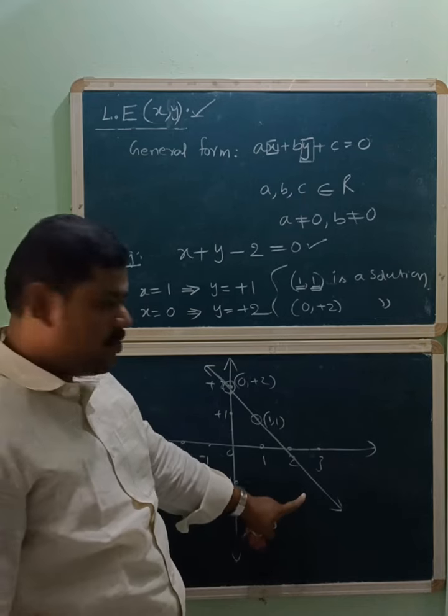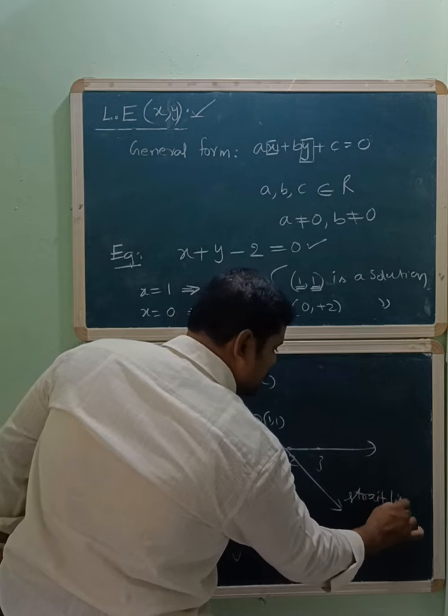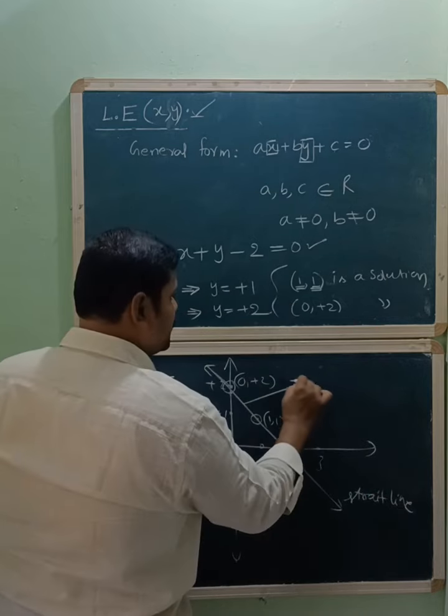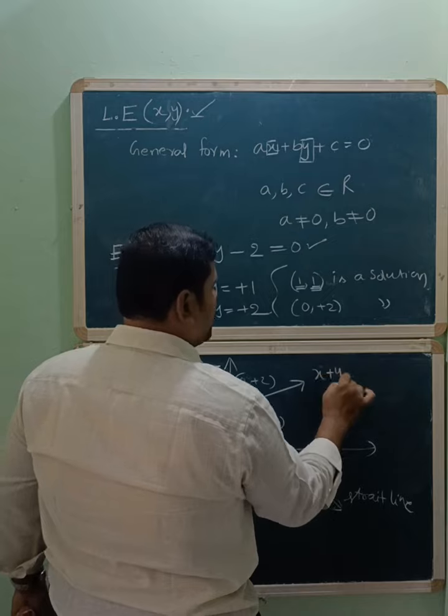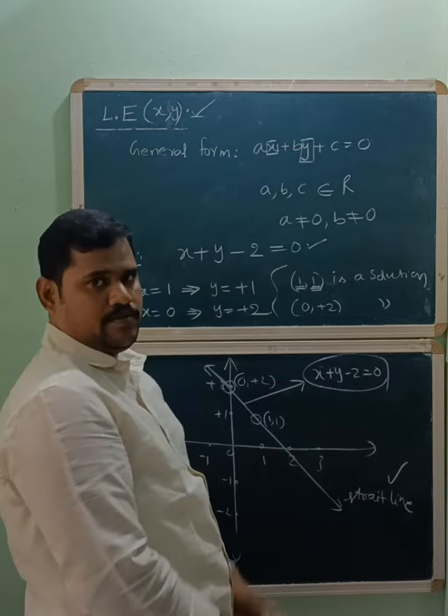I hope all understand. What is the shape of this one? A straight line. The equation of this line, x plus y minus 2 is equal to 0, is a straight line.